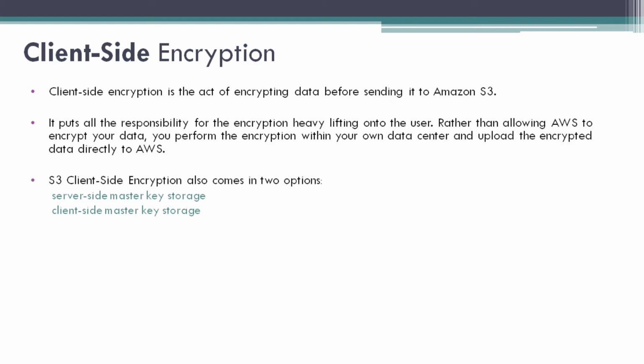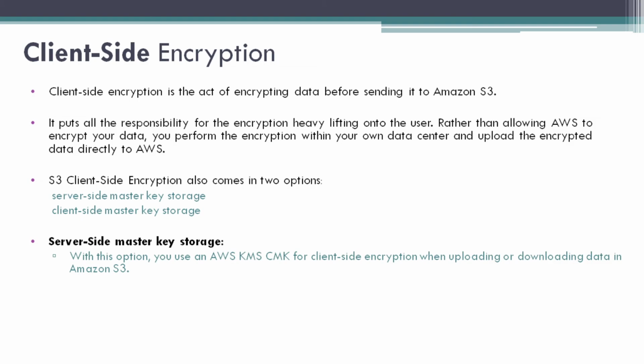S3 client-side encryption also comes in two options. One is server-side master key storage, and the second is client-side master key storage. So what is server-side master key storage? With this option, you can use an AWS KMS CMK for client-side encryption when uploading or downloading data in Amazon S3.